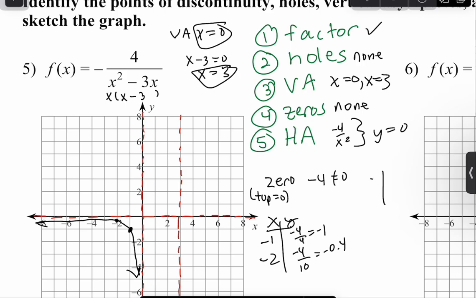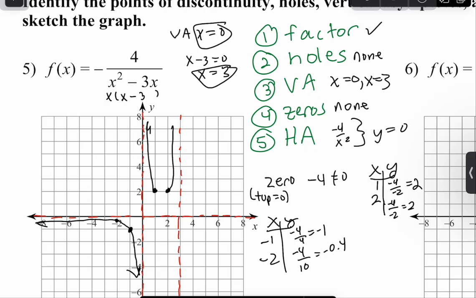Now, I don't know what's happening in here. The points 1 and 2 are nice in there, so why not plug in 1 and 2? If you plug in 1, you get negative 4 over negative 2, or 2. If you plug in 2, you get negative 4 over negative 2, or 2. So I have to follow this asymptote.